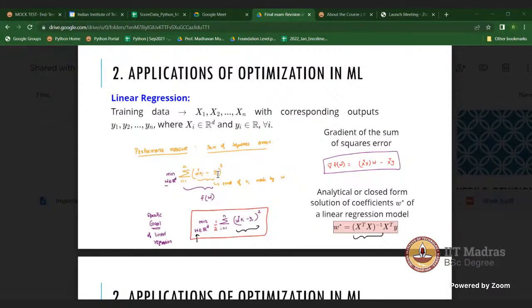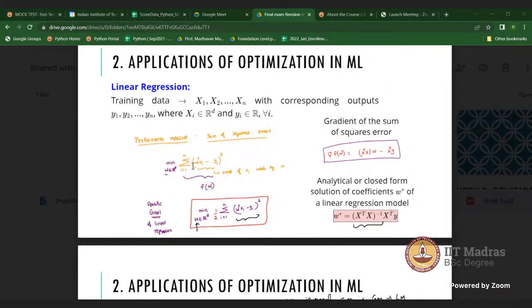So we need to minimize the difference between the output of this linear regression and the actual y value, so that error should be minimized. So you could see w transpose xi minus yi is a function of w.